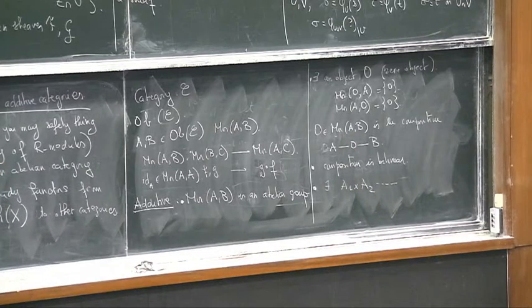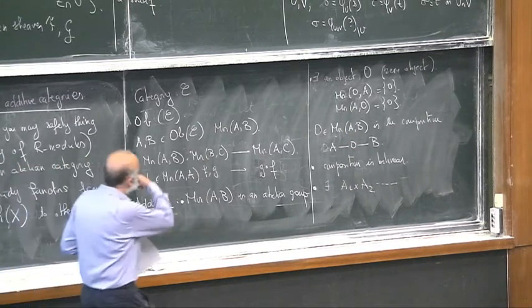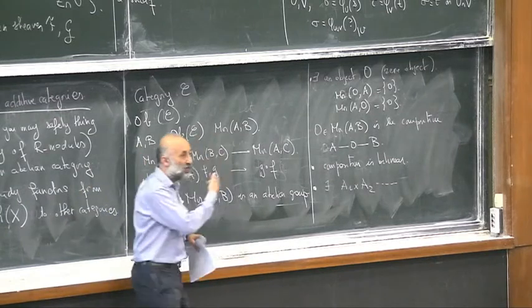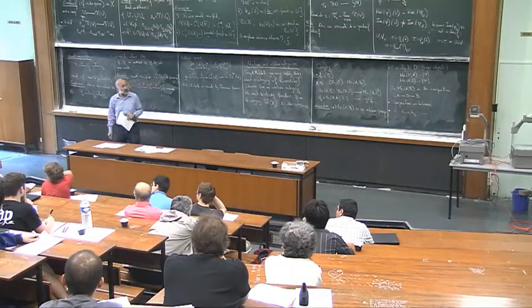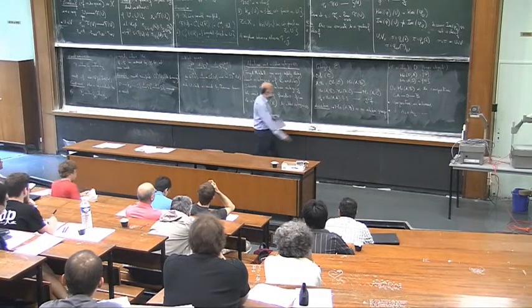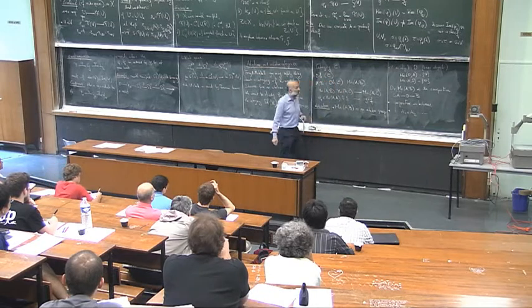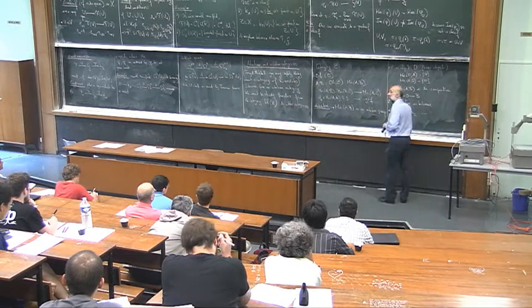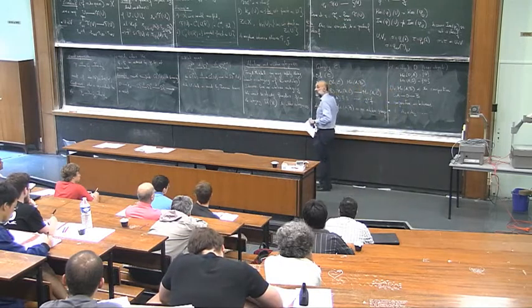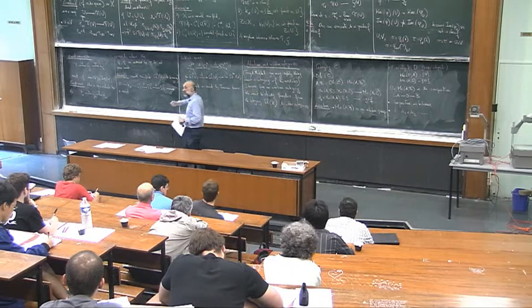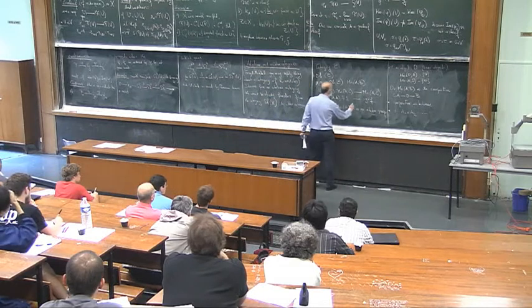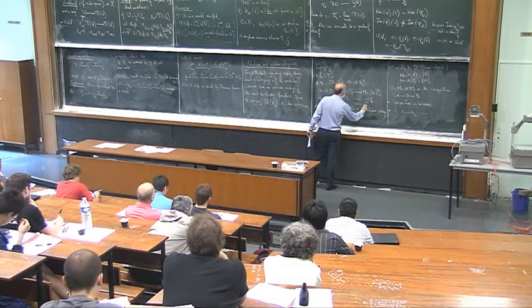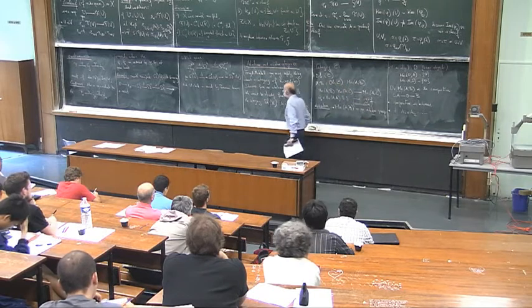In the framework of sheaves, of course, the objects are the sheaves, and the morphisms are just the morphisms of sheaves. Sorry, yes, composition is associative, I forgot to mention that. And the composition is bilinear, in the sense that if each of them is an abelian group, then F composed with G plus H is F composed with G plus F composed with H. And this is associative.